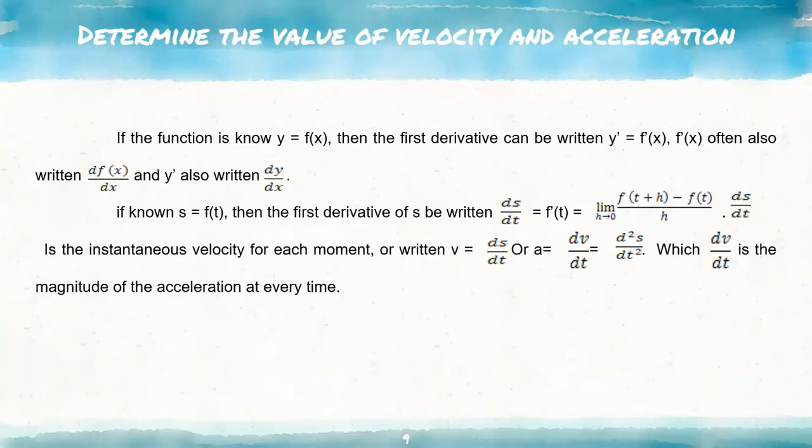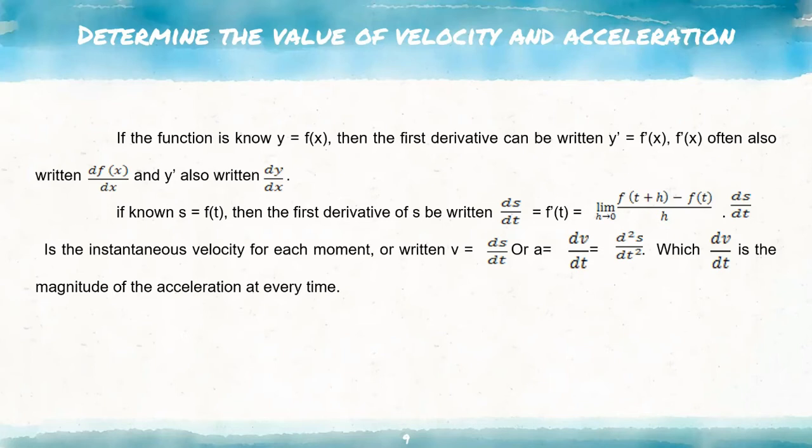If now s equal to f(t), then the first derivative of s can be written ds/dt equal to f prime of t. f prime of t is equal to the limit as h goes to 0 of f of t plus h minus f(t) divided by h.